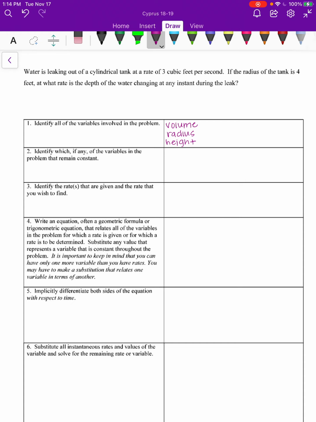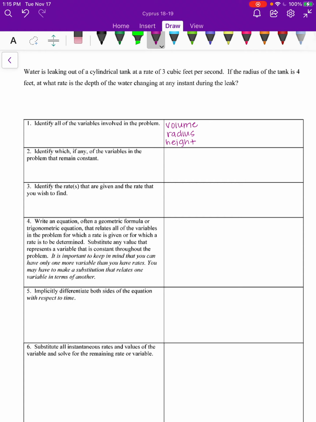Number 2, identify which, if any, of the variables in the problem remain constant. Well, we know the volume is not staying constant because the water is leaking out. We know that the height of the water is not constant because it's going down as well.